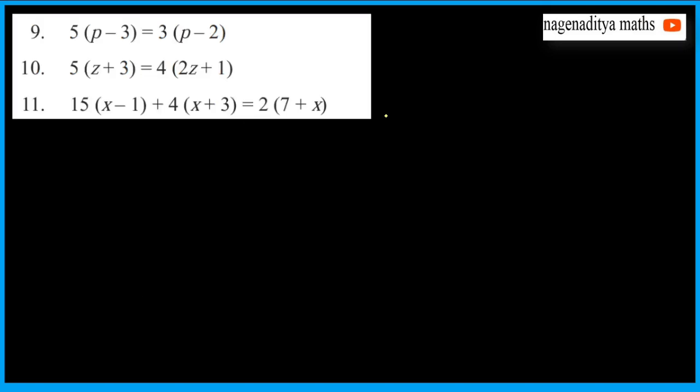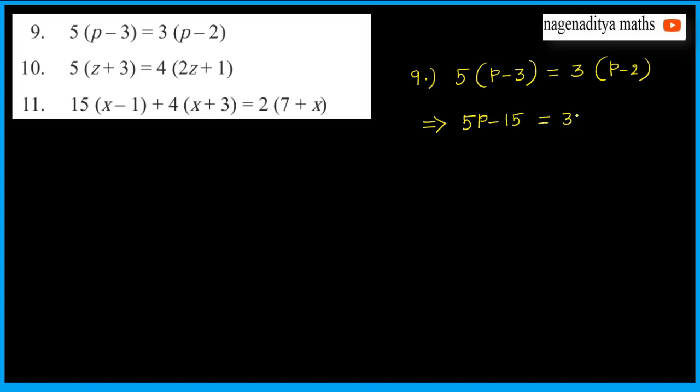Next, ninth problem. 5 into p minus 3 is equal to 3 into p minus 2. Okay. So this implies, if you multiply it by 5, 5p minus 5 3s are 15 is equal to 3p minus 6.